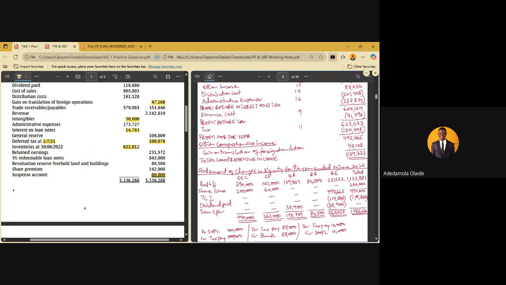Now, the gain on translation of foreign operations will also be part of our equity. You know that gain, even though they have not realized it, they still have that foreign operation. It's still part of what they own.